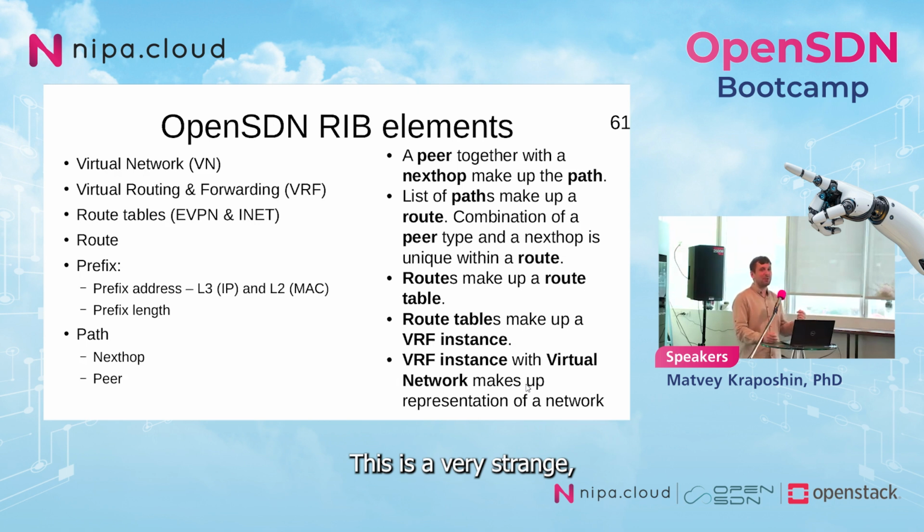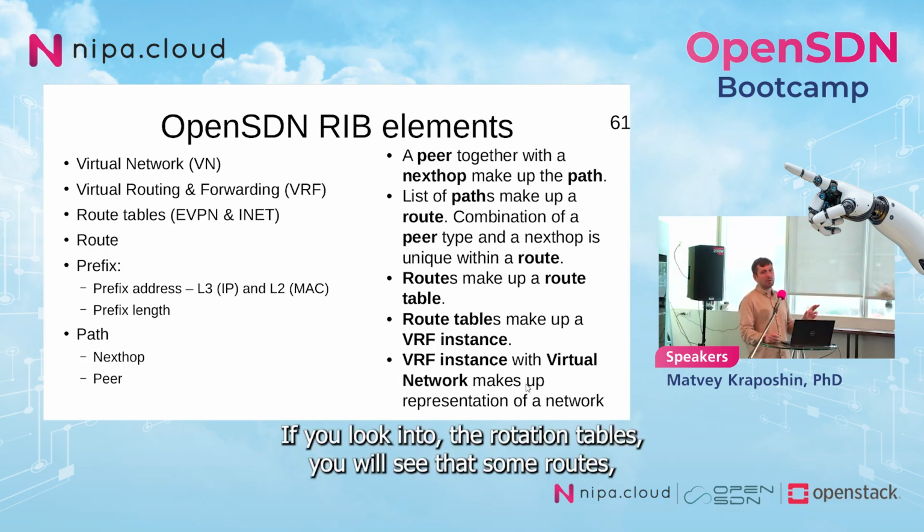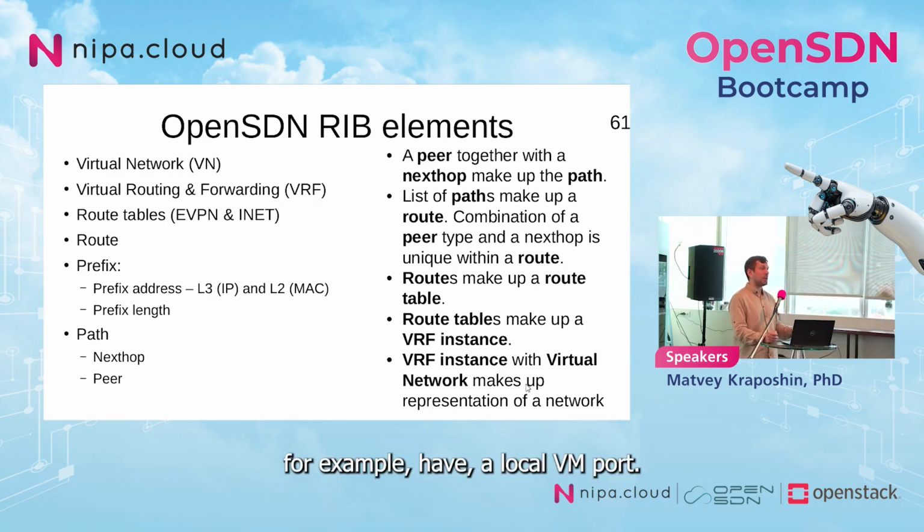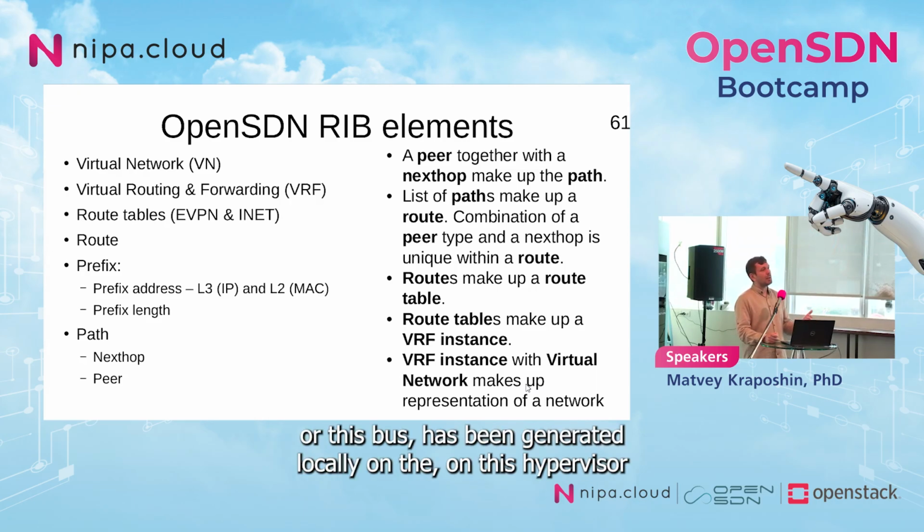This is a very strange definition, because peer means origin. If you look into the route agent tables, you will see that some routes, for example, have peer local VM port. It means that this route or this path has been generated locally on this hypervisor.